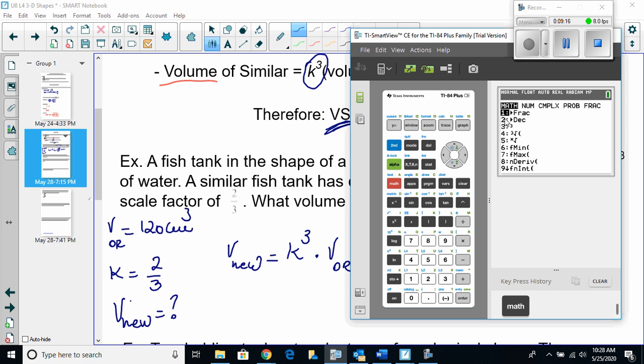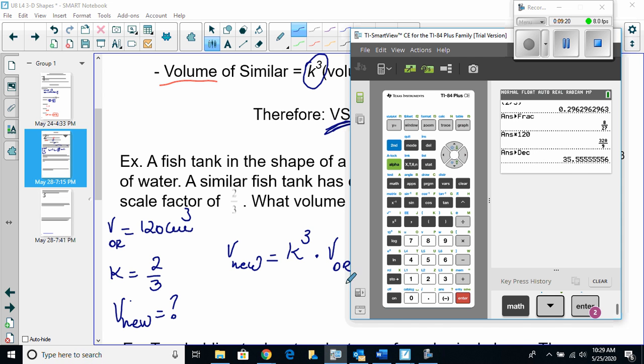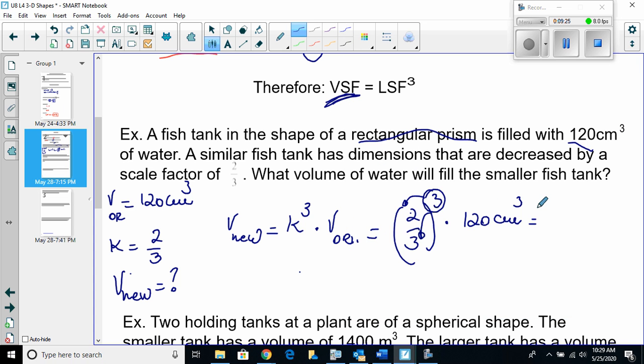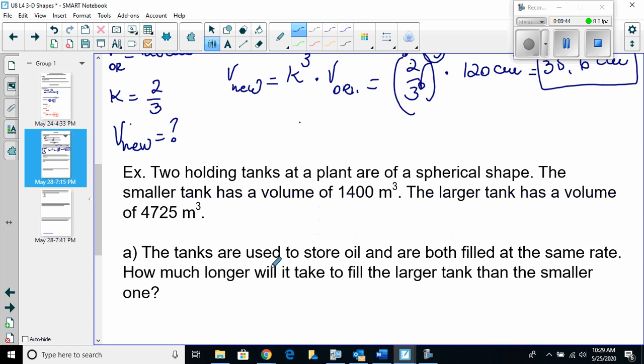And if you want it as a decimal, then you can go like this: 35.6 centimeter cubed. This is how much volume the new smaller fish tank has, or how much water you need to fill the smaller fish tank.